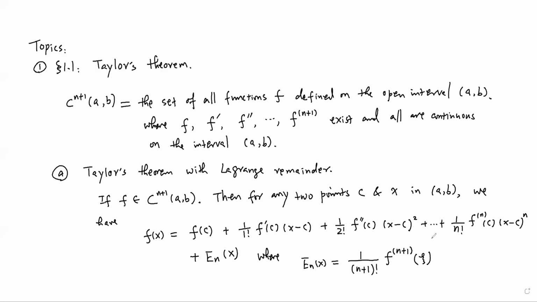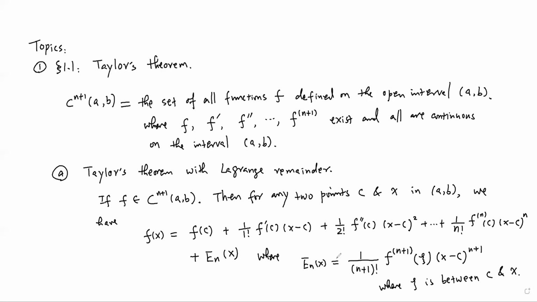Usually, we don't know what psi is. Times X minus c to the n plus 1, where psi is between, not including, c and x. This formula is called Taylor's theorem with Lagrange remainder.